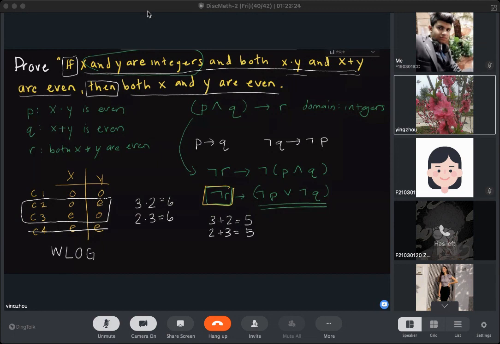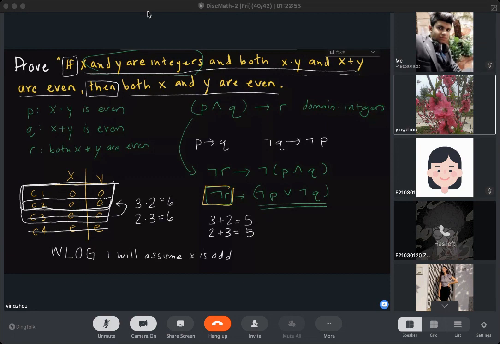So without loss of generality, I will assume, and I'm going to use that arrow to indicate it's an implication, without loss of generality, I will assume that x is odd. Again, why? Because I'm just going to show case 1 and case 2, and I'm not going to show case 3 because case 3 is going to give me whatever happens with case 2.